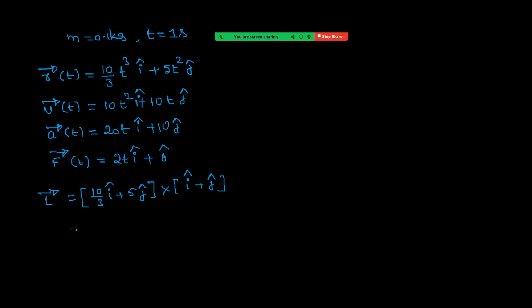Right. Now see, I cap cross I cap is 0. I cap cross j cap is k cap, 10 by 3 k cap. Next, j cap cross I cap is minus k cap, minus 5 k cap. This is how much? 3 fives are 15, minus 15 plus 10, minus 5, minus 5 by 3 k cap.